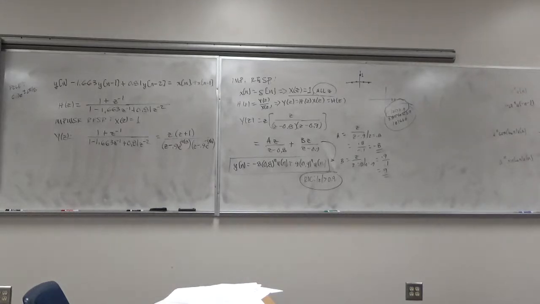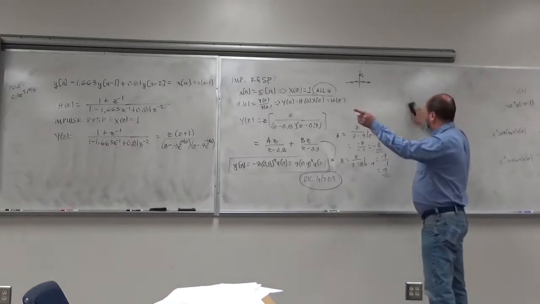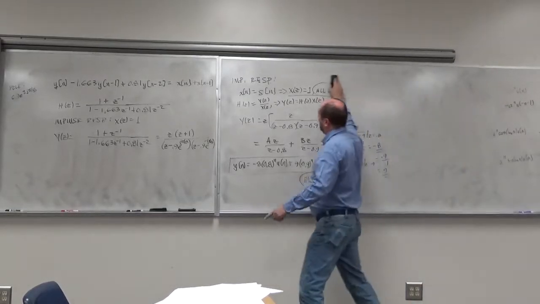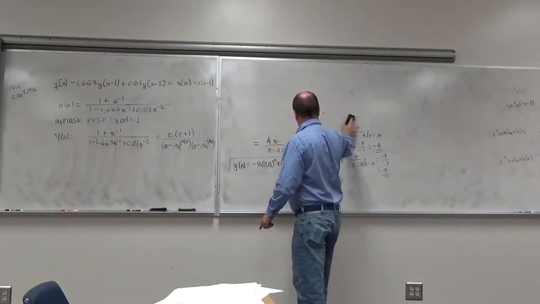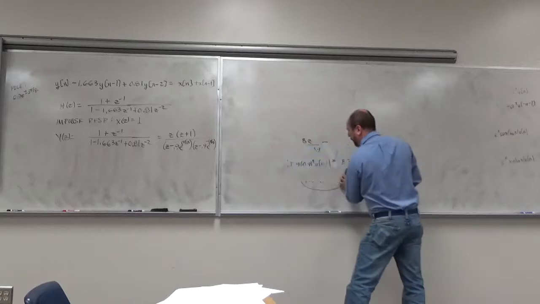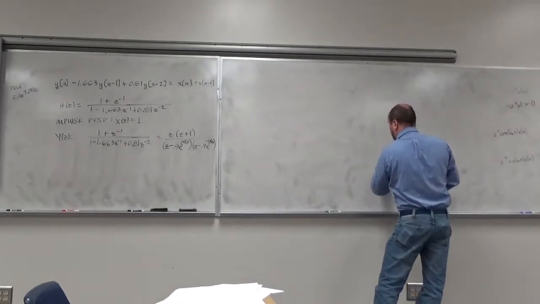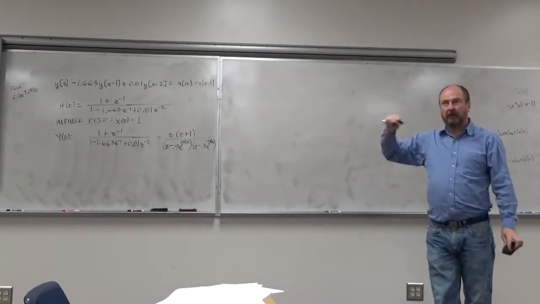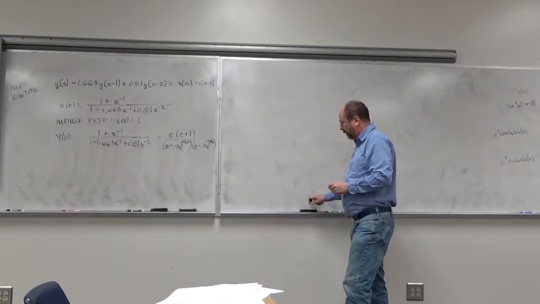But I'm going to show you a little trick here to invert the z transform on an expression like that. So let's say that we have the following. And as I said, I'm going to write this one out symbolically, so that when we're done, not only will we have the answer to this problem, but I'm going to give you a formula that you can use in general when you have complex poles.